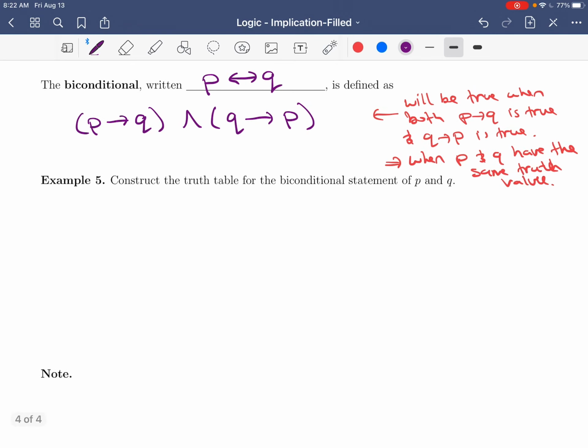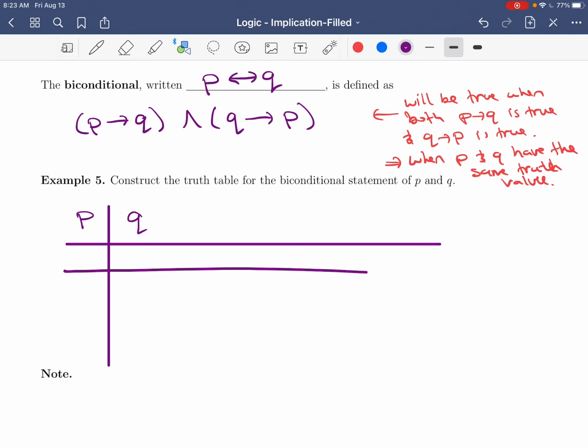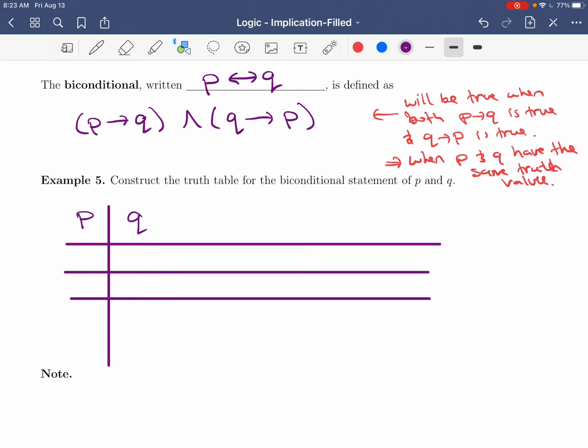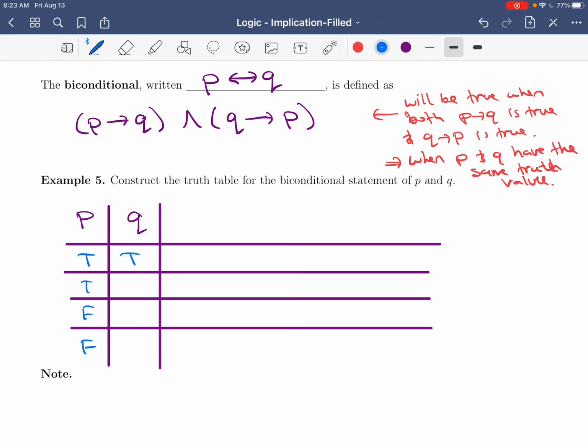So the truth table for this: true, true, false, false, true, false, true, false.